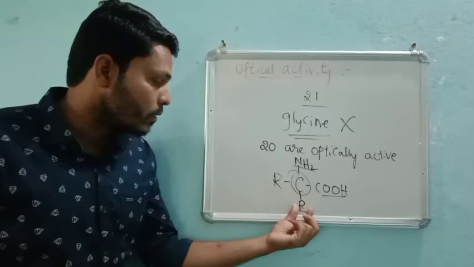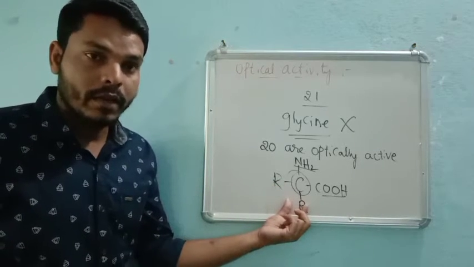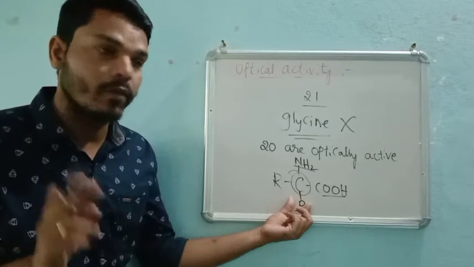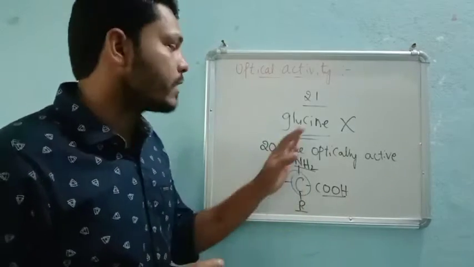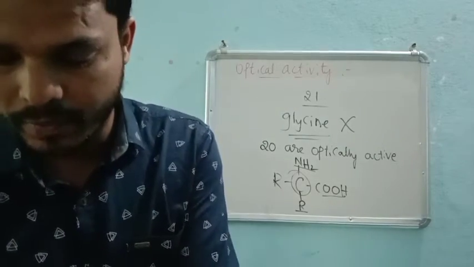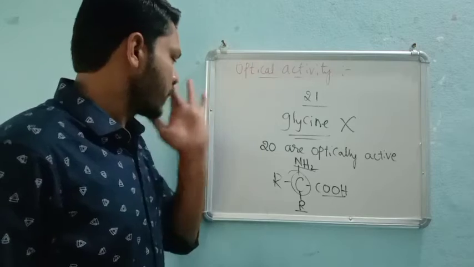See, these two valencies are same, right? So that's why it is not having all four different valencies. If it would have four different valencies, then definitely glycine must and should have shown optical activity. But because of that, this glycine is not showing optical activity, right?